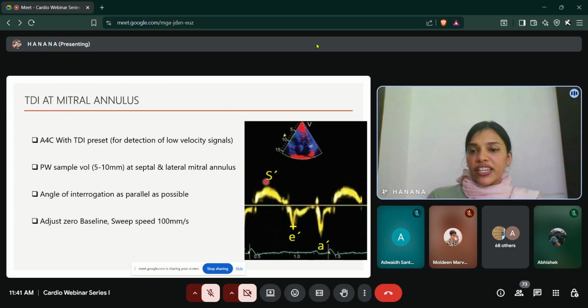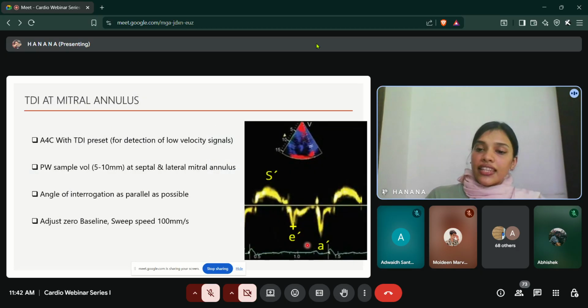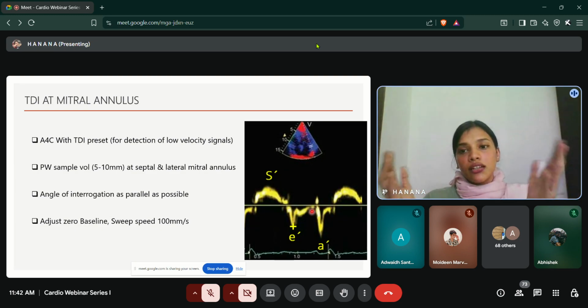So we will get a Doppler display like this, which will show an upper wave, which is called the systolic wave. Here we see only two waveforms, an E wave and an A wave, and sometimes we will also get a downward wave, which is the S wave, and again an E wave and an A wave. Here the E and A are inverted because the myocardium moves opposite to the blood flow.